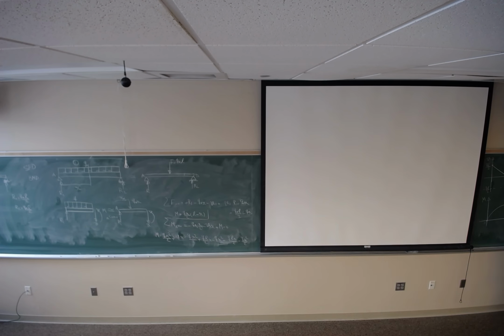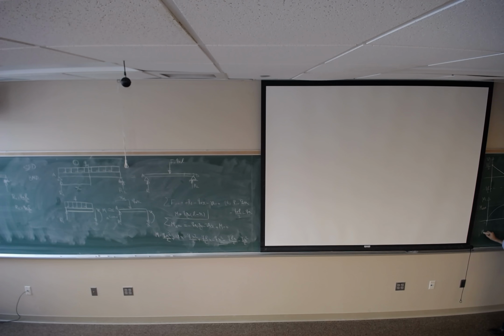So now if I ask you where the critical section is going to be, by looking at the bending moment diagram, you will see the middle point of the beam is going to see the maximum moment.